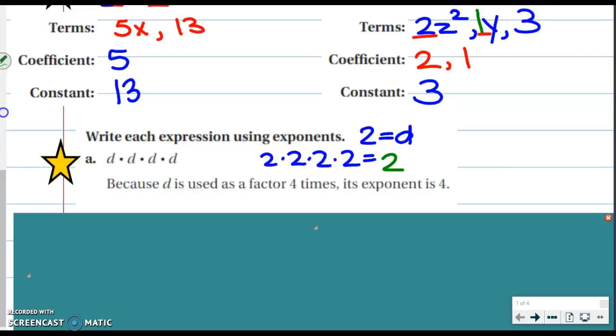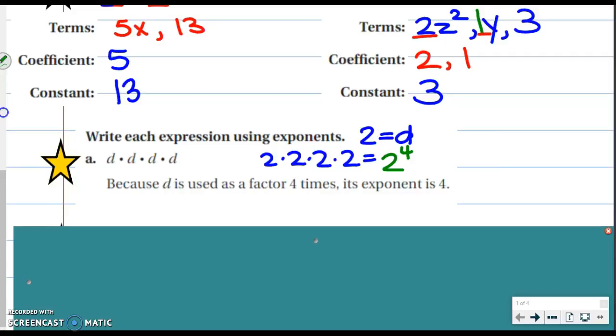And I know that 2 would be my base and 4 would be my exponent, since 2 is being used as a factor that many times. Now, I do not know that d equals 2. So for now, I'm going to use d as my base because that's the number I see. And I see it 4 times, so that's going to be my exponent.